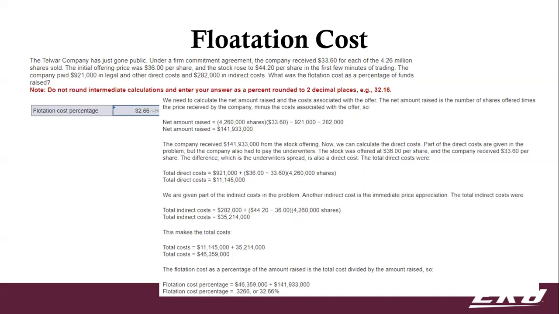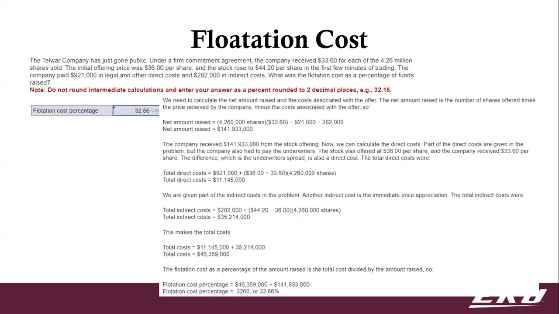They also are going to receive that legal cost up front because we had to pay for the attorneys to do all their work, and all that type of thing. So both of those combined will tell us what the direct costs were of what we paid, right? So some of it we paid in that direct fee, and some of it was the difference in what we received and what the initial shareholder paid.